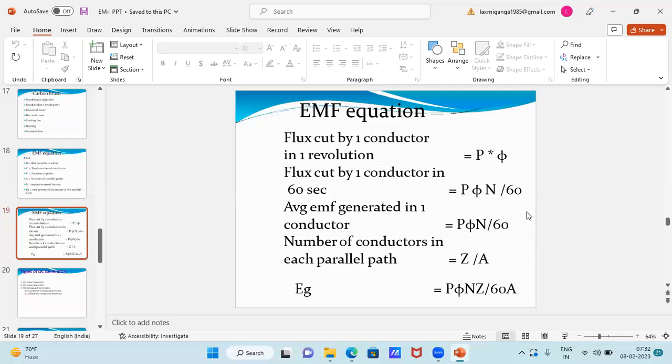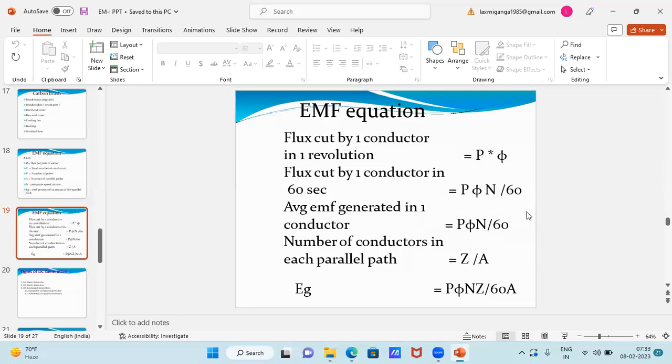Flux cut by one conductor in one revolution is equal to P into phi, because a DC generator is designed with P number of poles and the flux per pole is phi.